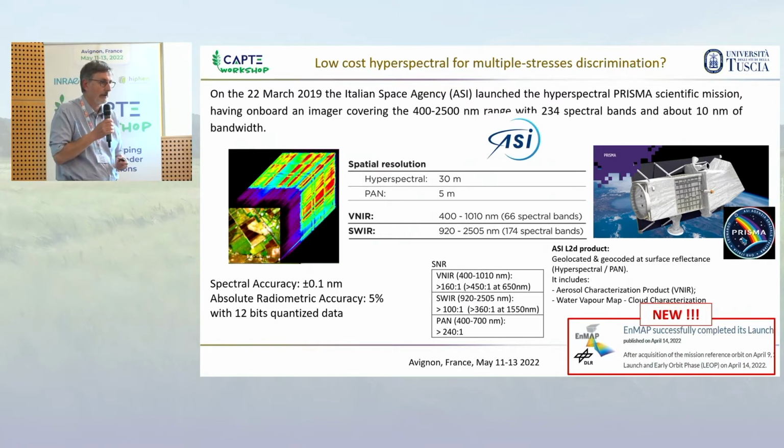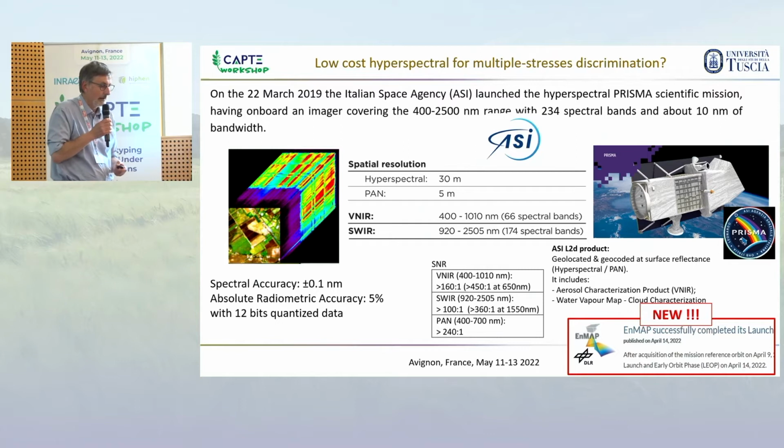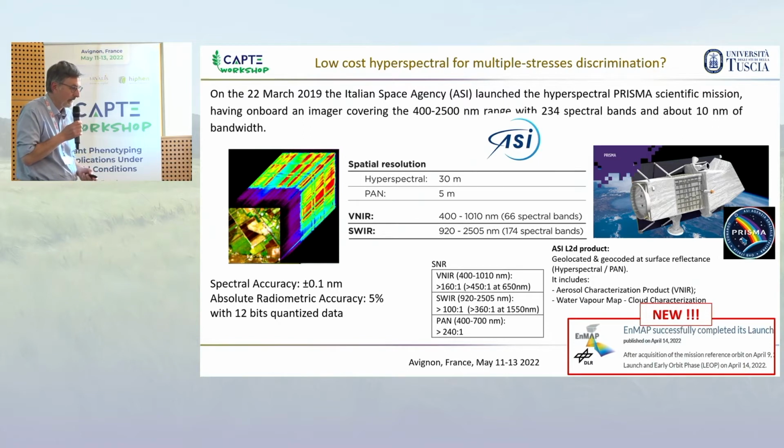In this context, there was the launch of the Italian Prisma satellite, which was until recently the only new generation hyperspectral satellite. Lastly, the German one, EnMAP, was also launched. As you see, they have hundreds of bands, but a hyperspectral resolution of 30 meters. Actually, Prisma also has a 5-meter panchromatic sensor.